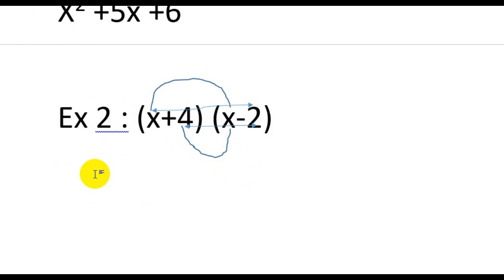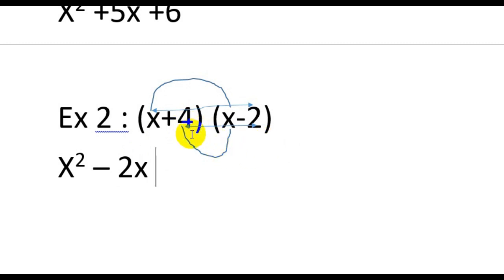Now let's multiply each term. x multiplied by x is x to the power 2, or in other words x square. The operator which belongs to x is a positive plus. Now I am going to multiply plus x with minus 2, which means plus multiplied by minus is minus. x multiplied by 2 is 2x. Now the first two terms are multiplied.